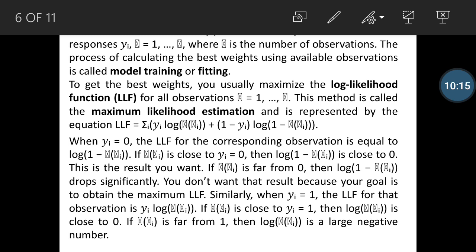If p(x_i) is far from 0, then log(1 minus p(x_i)) drops significantly. You do not want that result because your goal is to obtain the maximum LLF value.